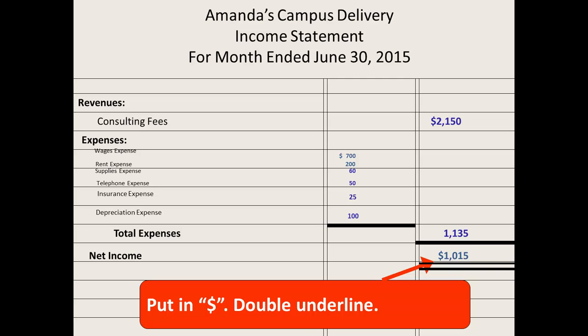So I've got a dollar sign at the 2150, which is the first number in that column. I've got a dollar sign at the 700, which is the first number in that column, and a dollar sign at the grand total of the 1015, which is the net income. Then I also have a double underline under the grand total.